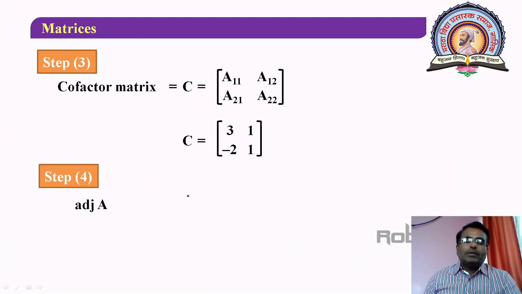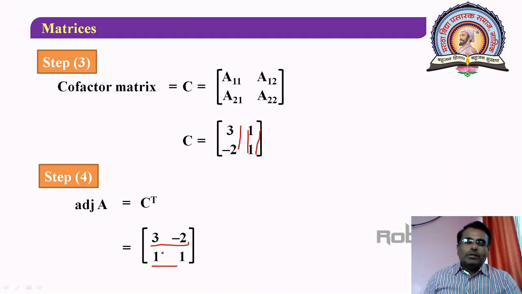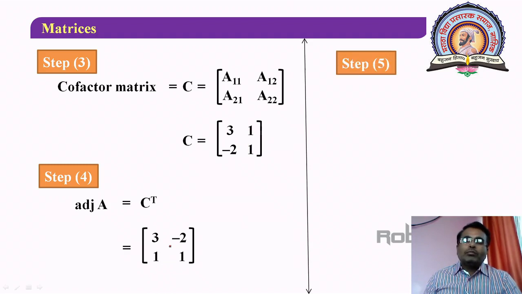adjoint of a matrix. We have seen that adjoint of a matrix is defined as C transpose, and C transpose means write the rows as columns, or you can write the columns as rows. Therefore you will get C transpose as: first column 3, minus 2 will come as the first row, second column 1, 1 will come as the second row. This is your adjoint. Once you get the adjoint, next you have to consider the inverse, and that is your last step.